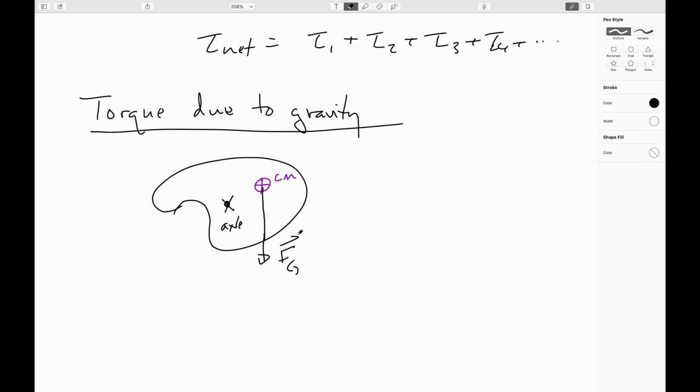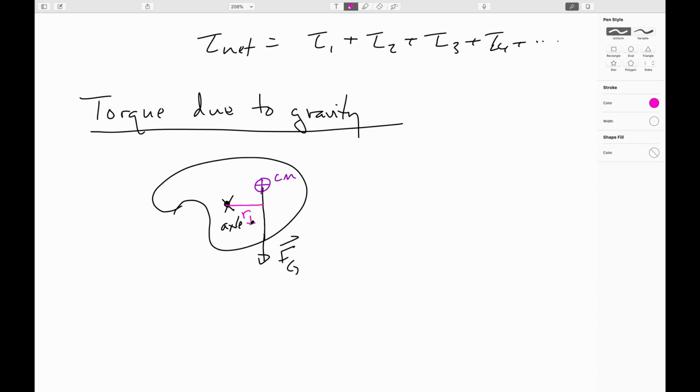So here I'm imagining like a disc, a flat object here that's hung on an axle vertically. So it'd be free to spin around the axle. So then the lever arm for gravity would be that distance right there.